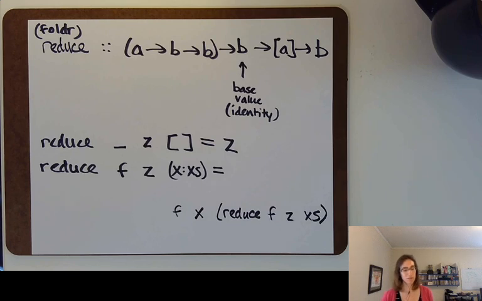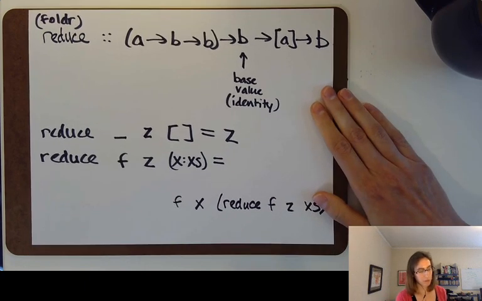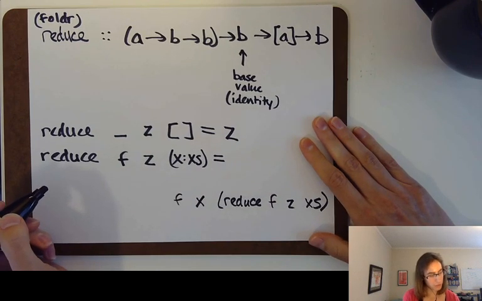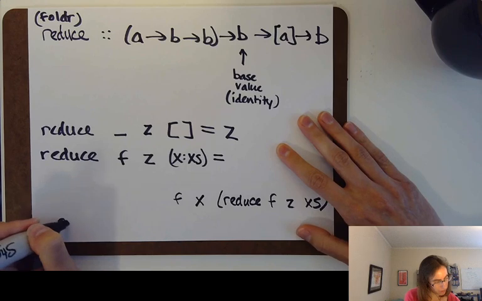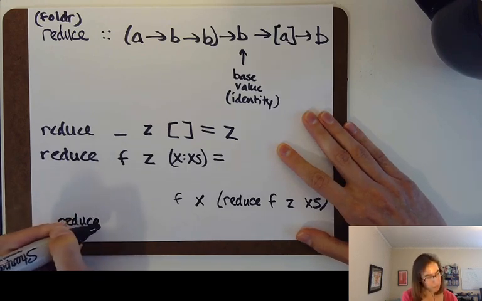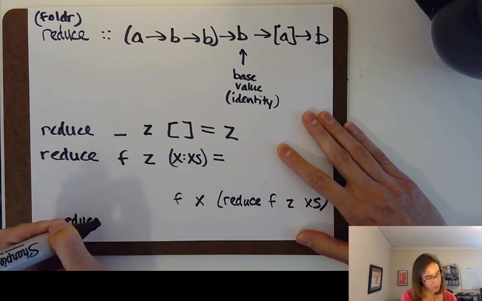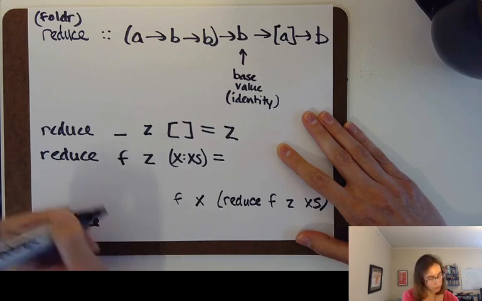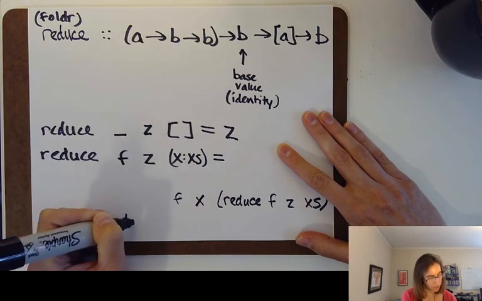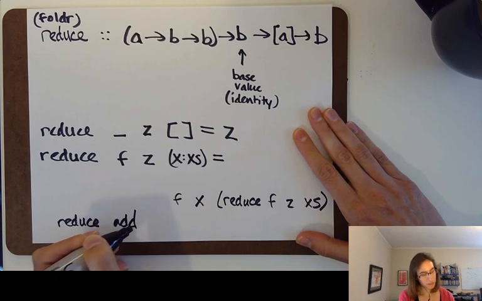So an example of this might be, well, we talked about word count, right? Word count was an example of adding together a bunch of numbers. So you might do that with reduce. Let's see if I can put together an example quickly here. You might say reduce, and then the function you might pass in here might be add, which is a binary add function that takes two numbers.